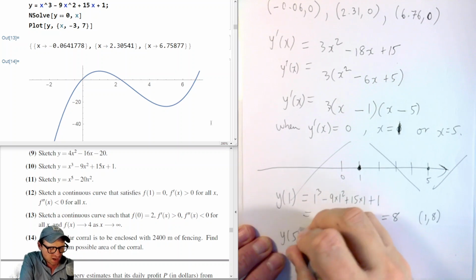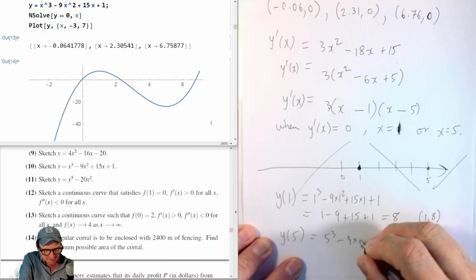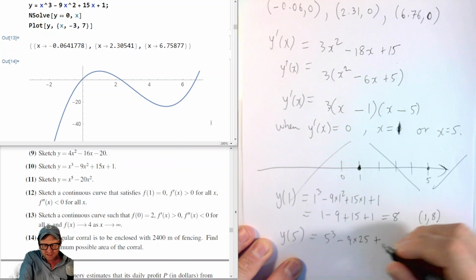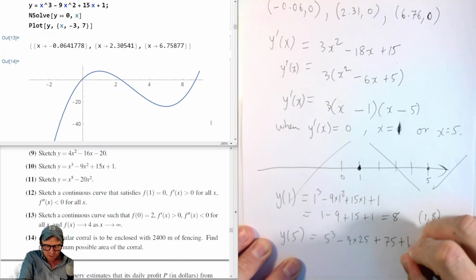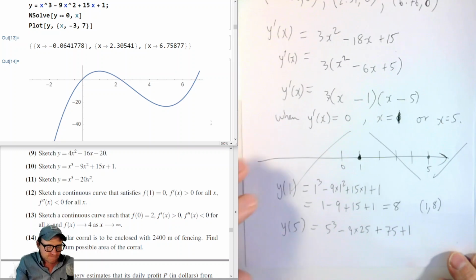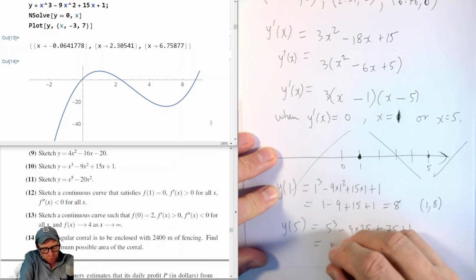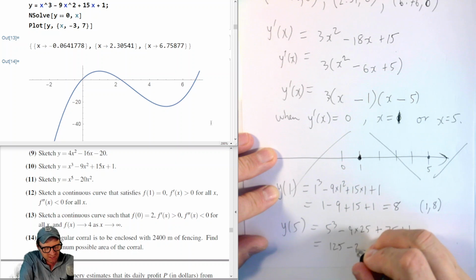So y of 5 is 5 cubed minus 9 times 25 plus 15 times 5, which is 75, and then plus 1. All right, so 5 cubed is 25 times 5, which is 125. And then 9 times 25 is 225, so this will be minus 225.